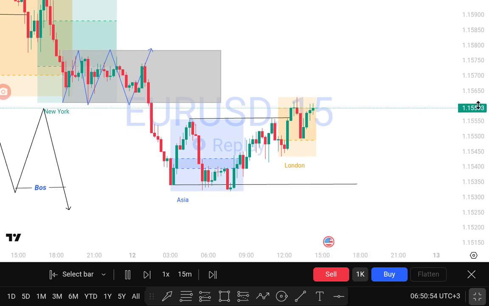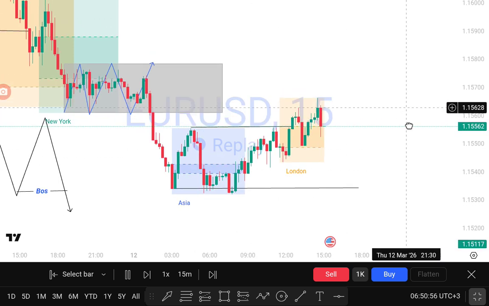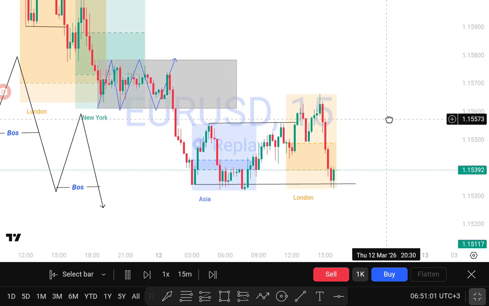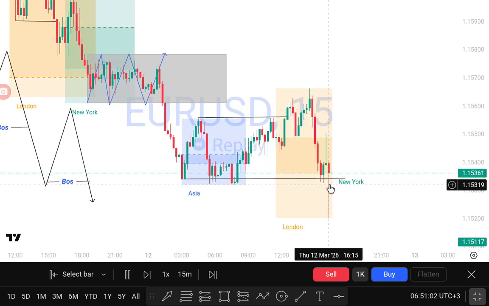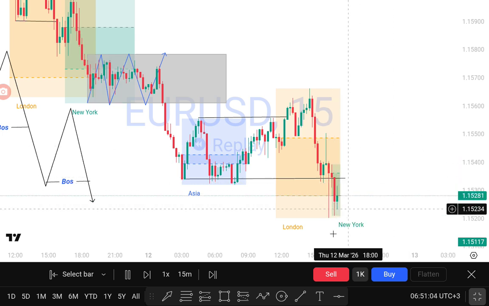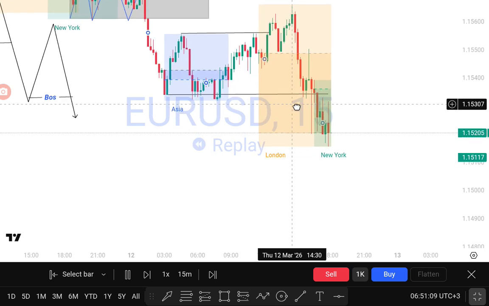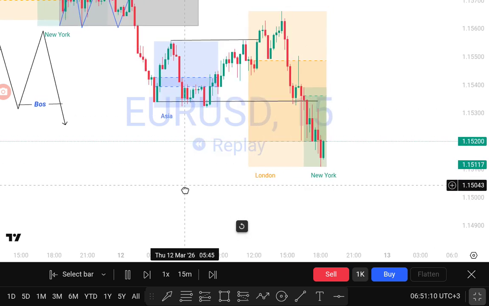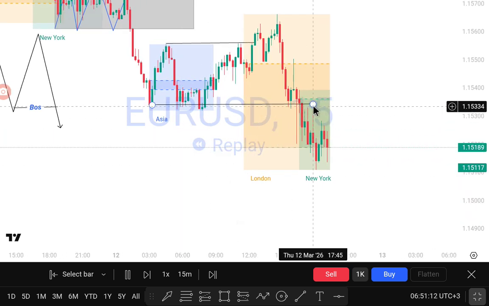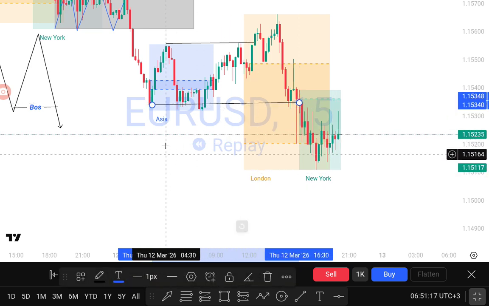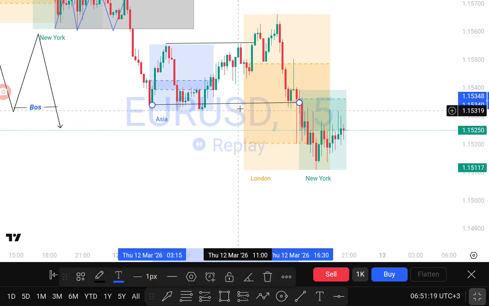Price is still seeking more liquidity. Look, we liquidate the lows again, and we break structure. Now we have a break of structure.